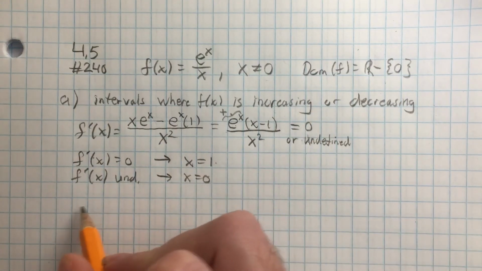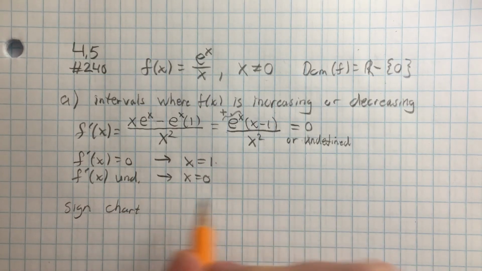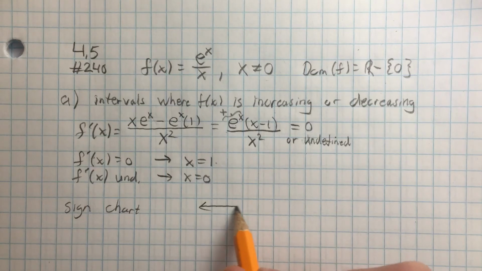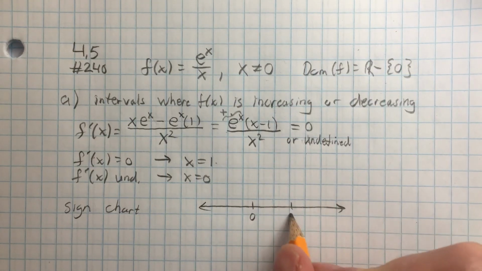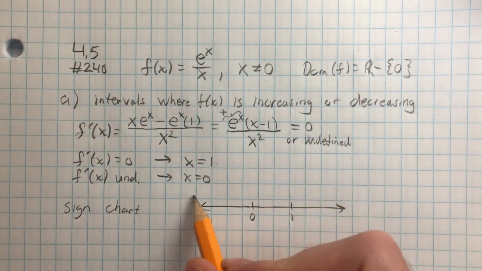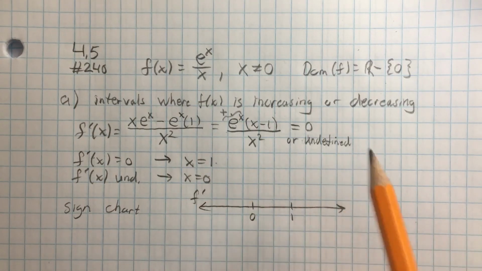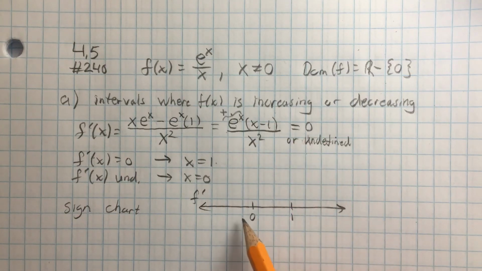So let's see what happens with our little sign chart. Two locations, 0 and 1. All right, so the first derivative. Going back to the factored form, we pick a number which is less than 0, say -1.